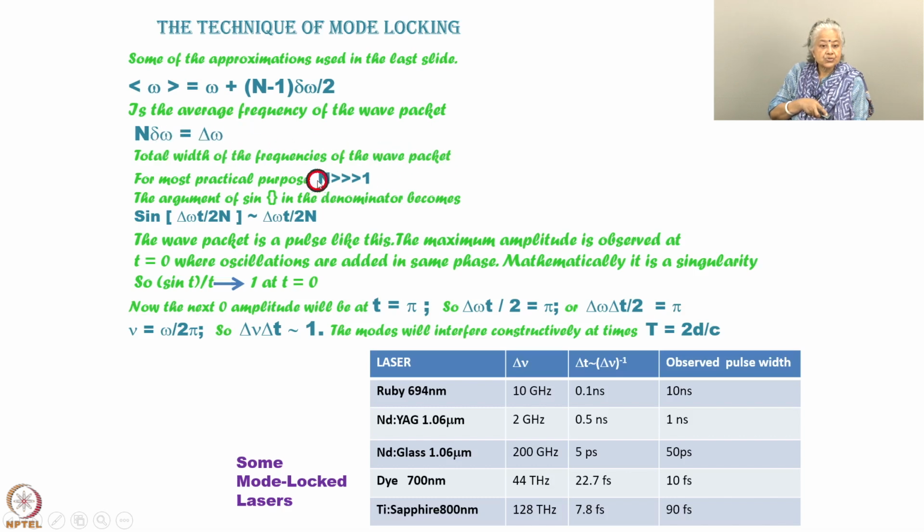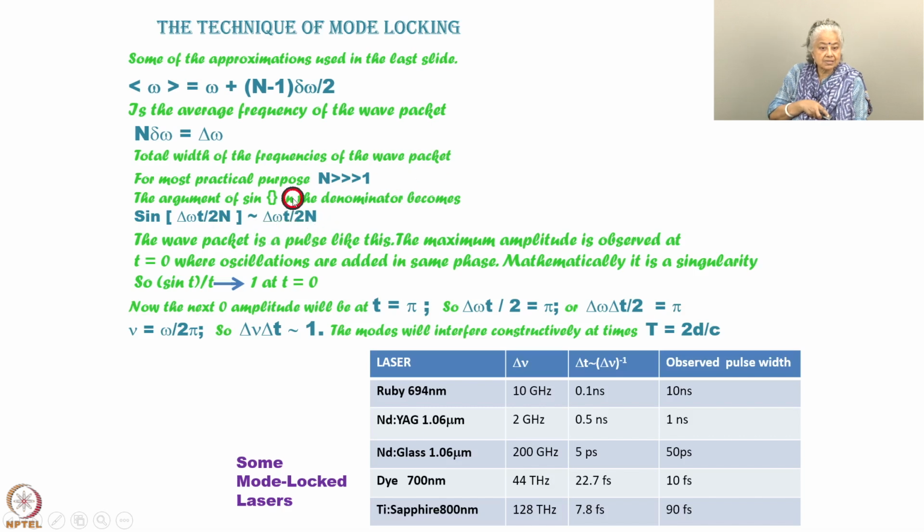Okay. So, for most practical purposes, N is much greater than 1. N goes into hundreds, such as 100, 200, 300, those kinds of numbers. Okay. So, it is much greater than 1. So, the argument of sine in the denominator, that means sine of delta omega t by 2N, which was there in the denominator, can be written almost as delta omega t by 2N.